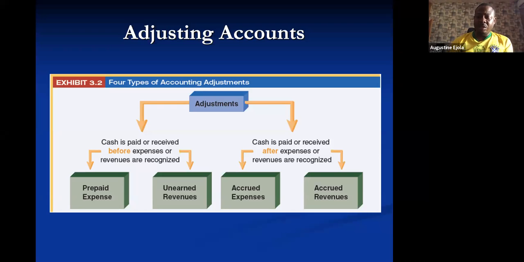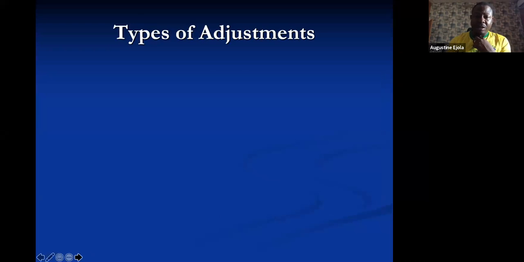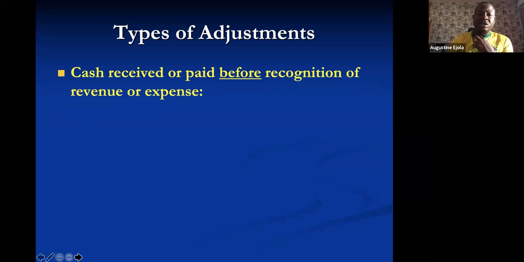These adjustments are very important because if they are not made, your accounts would not be correct and accurate in the accounts that we are trying to prepare. So we'll talk about the types of adjustments. We'll say cash received or paid before recognition of revenue or expenses, and of course, that will come as your prepaid expenses.